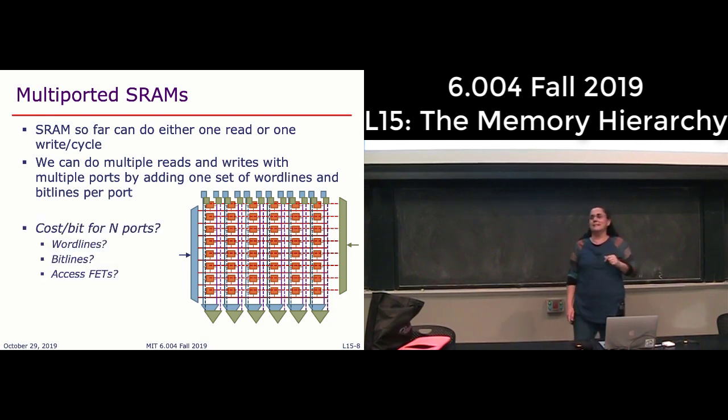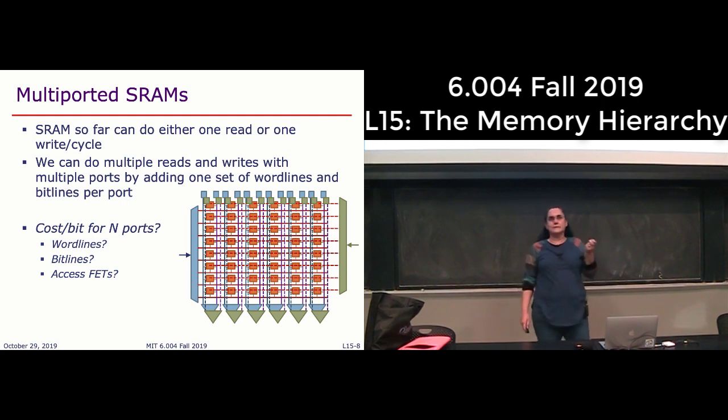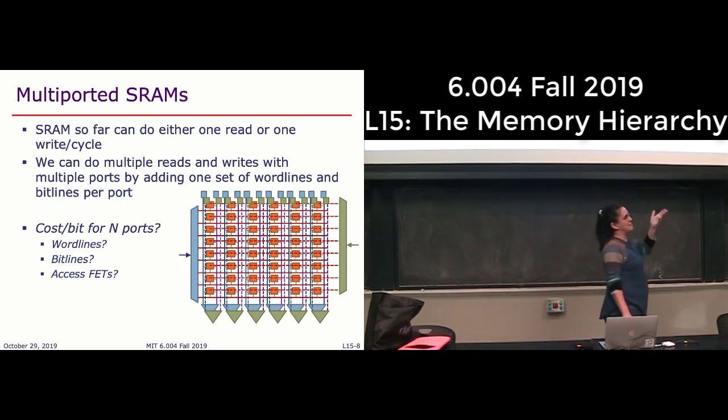So specifically, if I look just at 1 bit and I'm trying to support n ports, what's happening here? How many word lines do I have to have in order to support n ports? N, right? How about the number of bit lines?